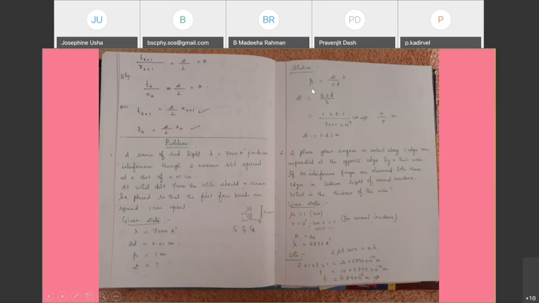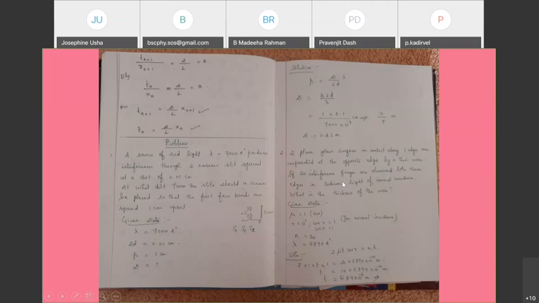In some other books, instead of 2D, they will give simply D. So we can use anything. From this, our aim is to find D. Substitute all the values: 1 into 0.1 divided by this 7,000, in terms of centimeter I have converted. So you will get the value around 1.43 meter, this capital D value.